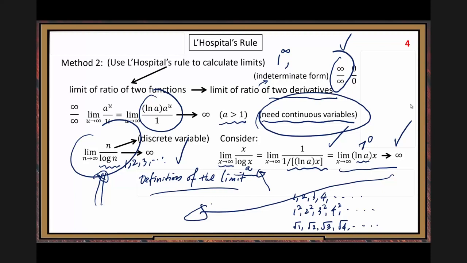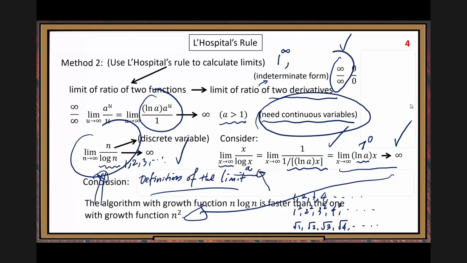All right. So we finished this topic. Next, we have about 5 minutes. So the conclusion, we already know, the second method is faster than the first one. The method is faster. The growth function increases slower.